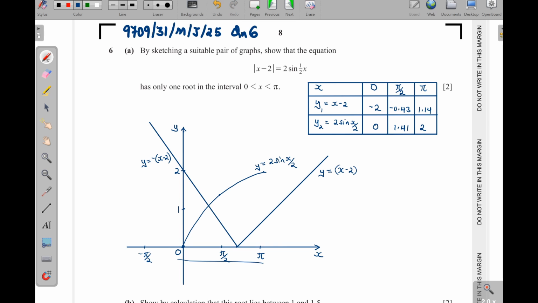From 0 to pi, we are seeing only one point of intersection here. That is the one there.